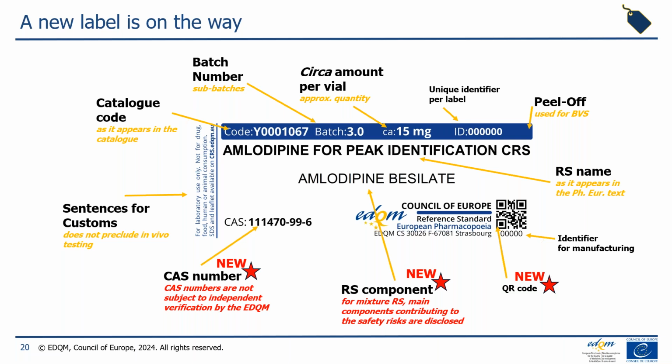And for mixture RS, the main components contributing to the safety risk are disclosed. We are also adding the CAS numbers, and again, they are not independently verified by the EDQM. So the deployment of this new label is gradual, and both labels will exist in parallel for a certain time.